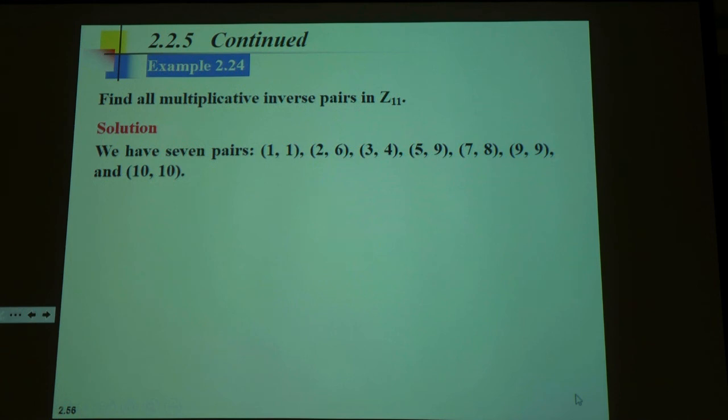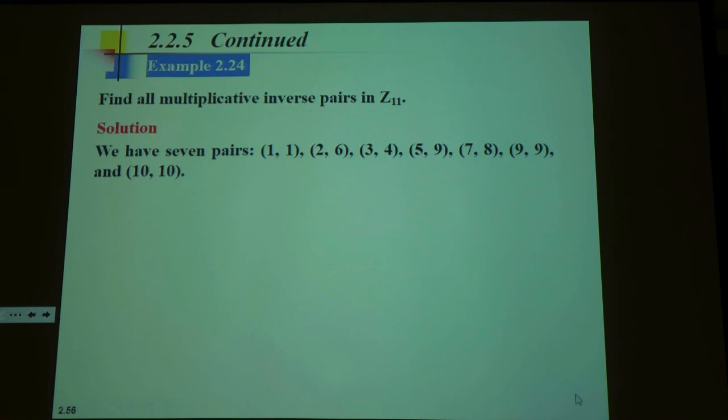How about 9 times 9? 81 modulo 11. 11 times 7 is 77, so 81 minus 77 is 4.